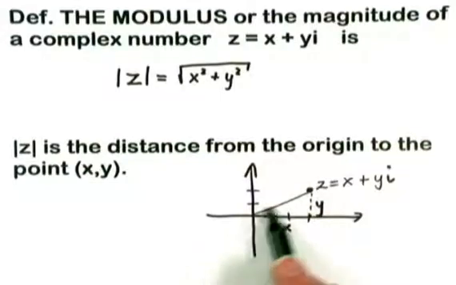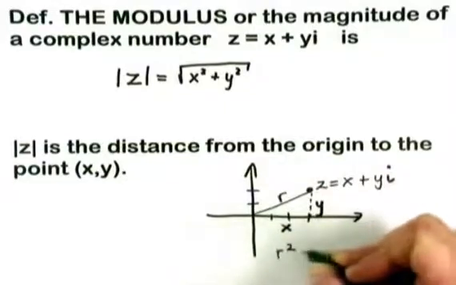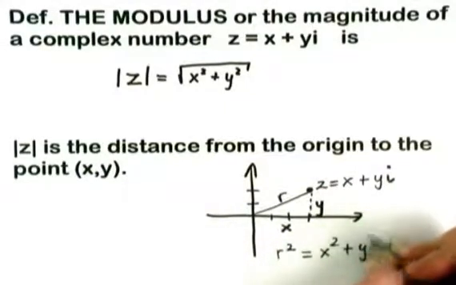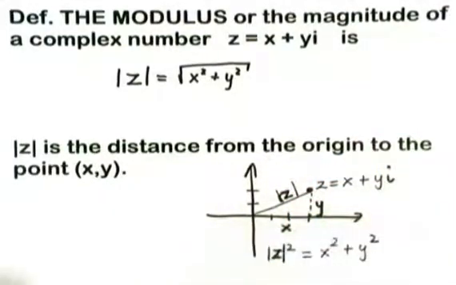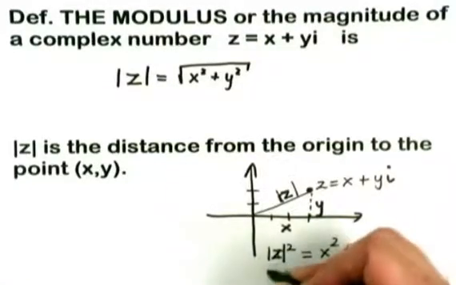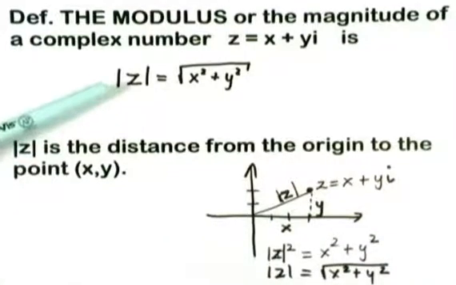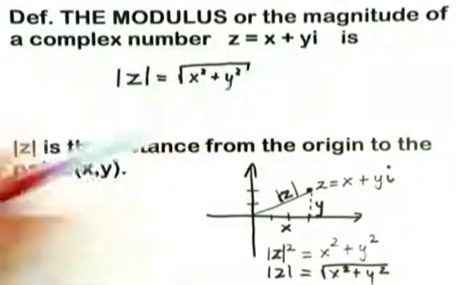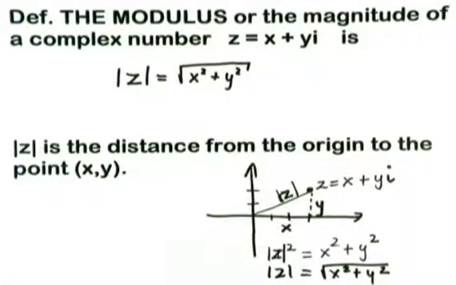So I have that r squared is equal to x squared plus y squared, or the distance z squared. Now I can take the square root of both sides to isolate for z. Absolute value z is the square root of x squared plus y squared, and that's what we have right here. So modulus, or magnitude, is the distance from the origin to that particular complex number.